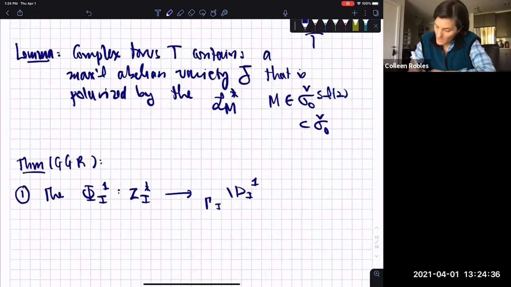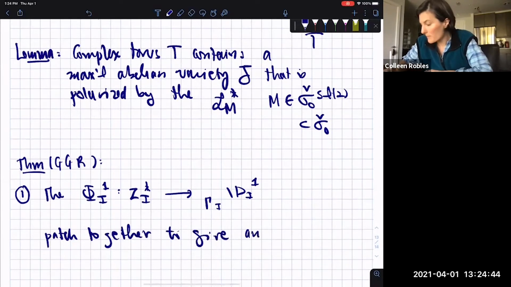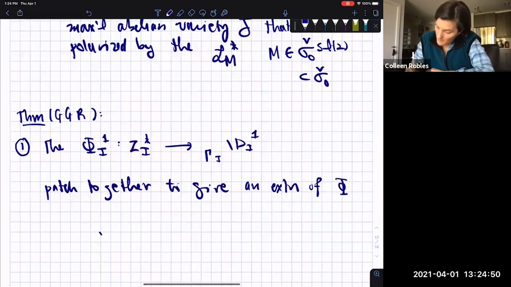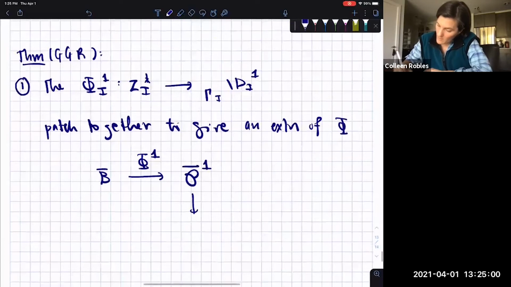These also patch together to give an extension of the original period map. So phi 1 into, let's call the image p bar 1, and our phi naught factors through this map, trivially.